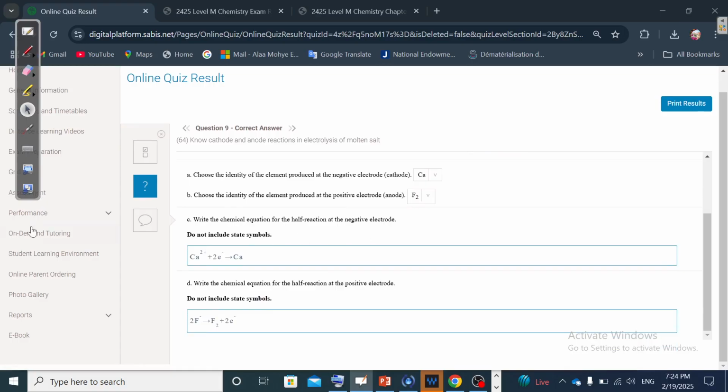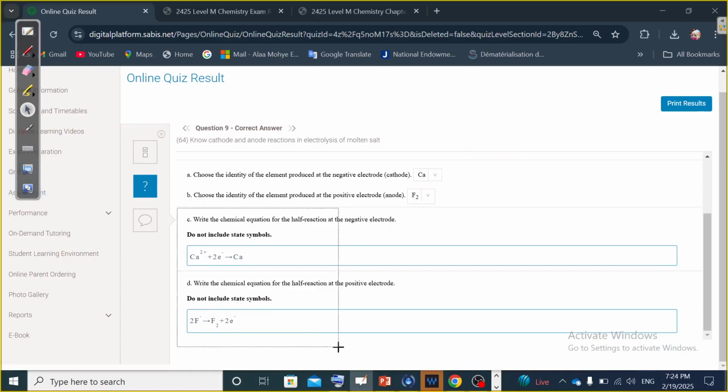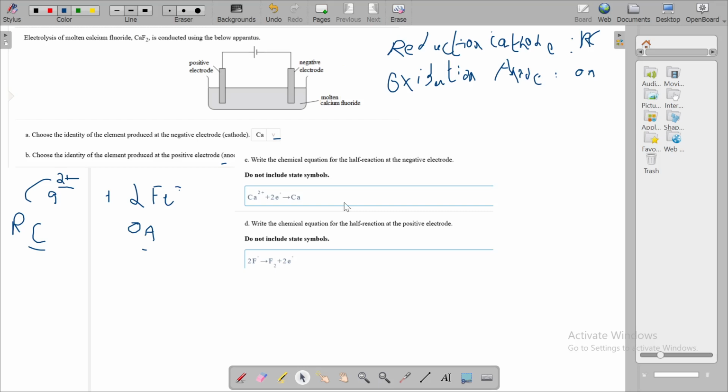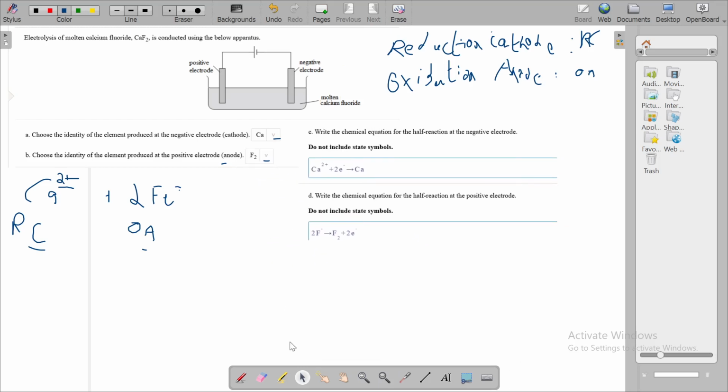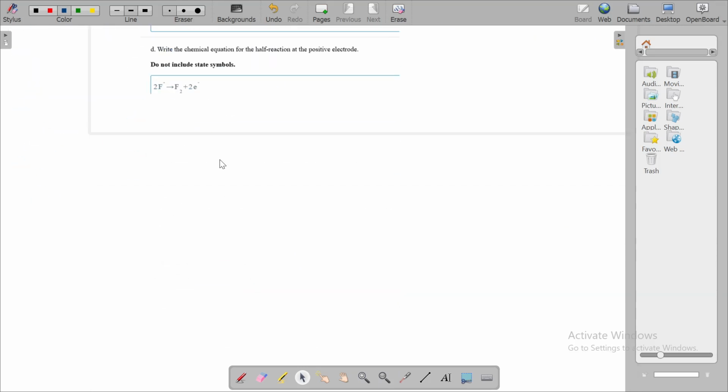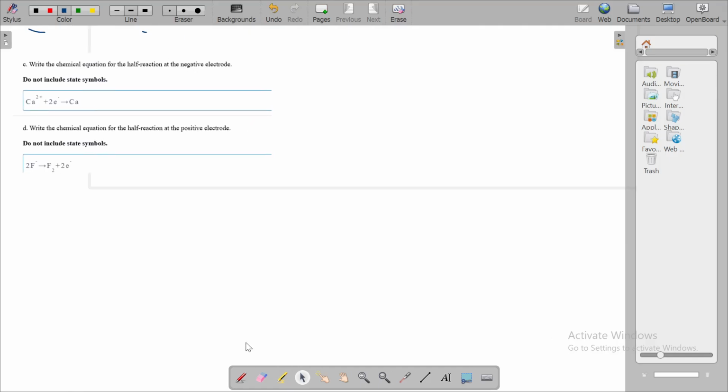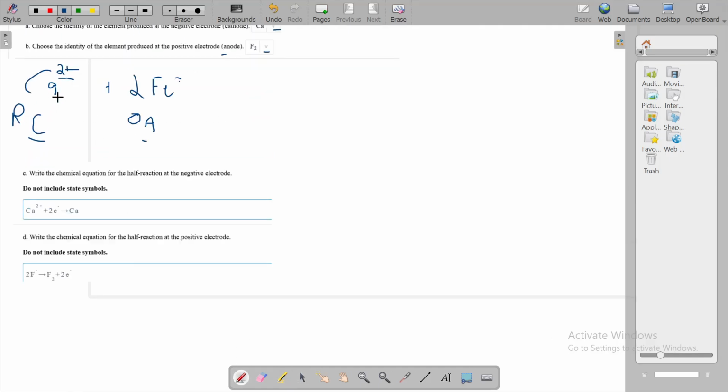Write the chemical equation for the half reaction at the negative electrode or at the positive electrode. Let's look at it now. How to move on? We know the calcium is at the cathode, right? Okay. I also had a special method.